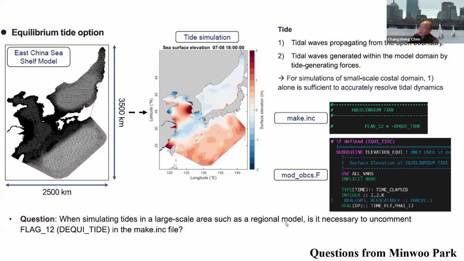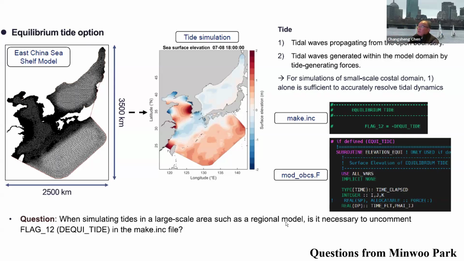But for a small region, for example if you run an estuary, you don't need to consider equilibrium tide, because the scale is too small. When the scale is larger, you consider it. But you can do the test: you can turn on the equilibrium tide and run the model.